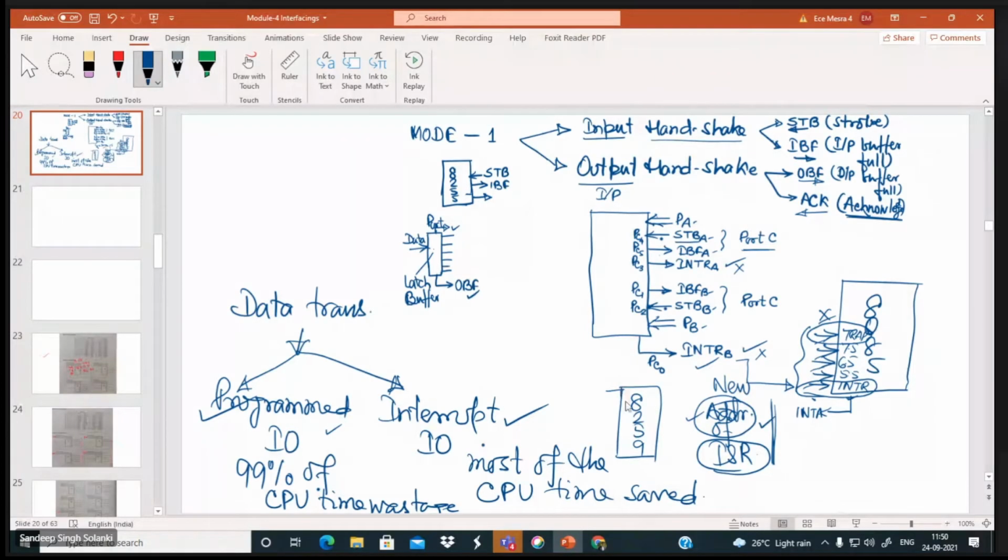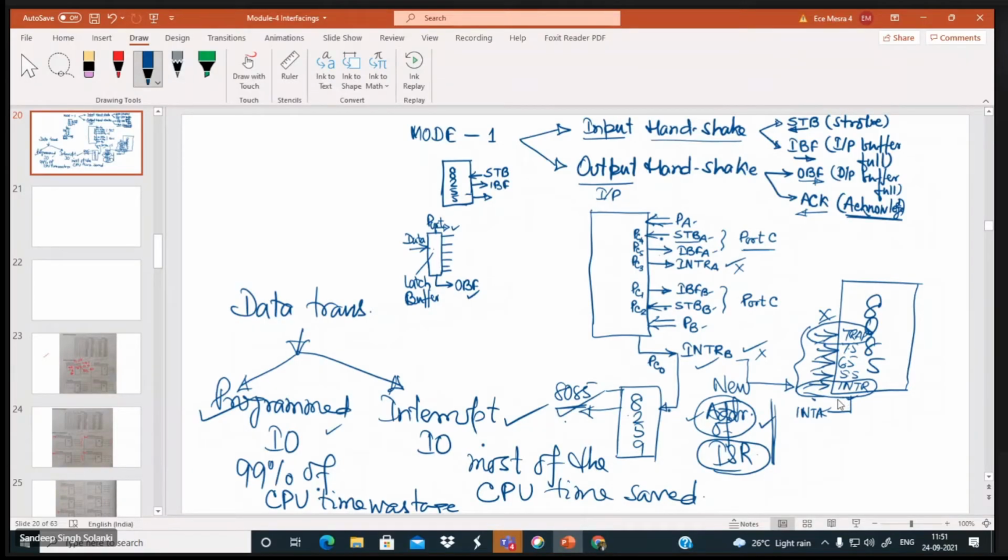You are supposed to use this interrupt controller for sending the addresses of ISR to 8085. It means INTR should go to 8259, then 8259 to 8085. Then only you can use INTR.